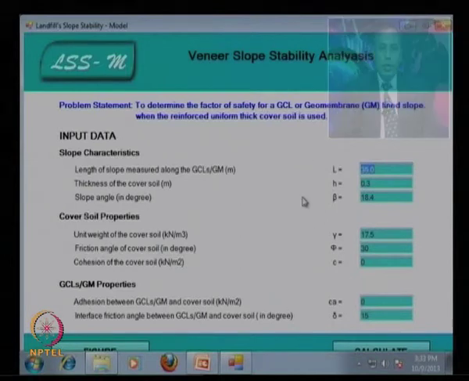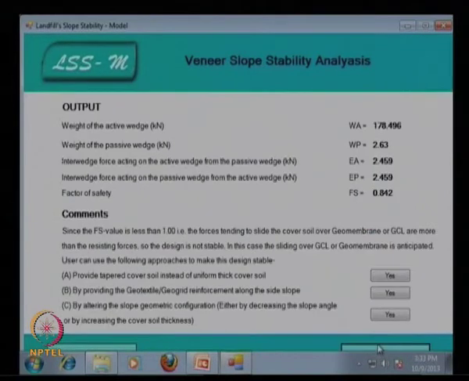So you have to substitute these input data in this model, and then you can calculate and determine the weight of the active wedge, which is 178.496 kilonewton, and the weight of the passive wedge WP, 2.60 kilonewton.